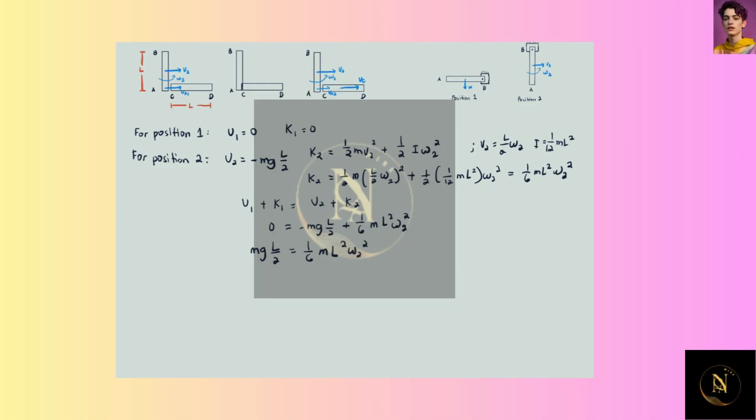From this, we get omega 2 equal to the square root of 3g over L. And since we now have an expression for omega 2, we can also get our expression for v2. Hence, v2 is equal to L over 2 times the square root of 3g over L.